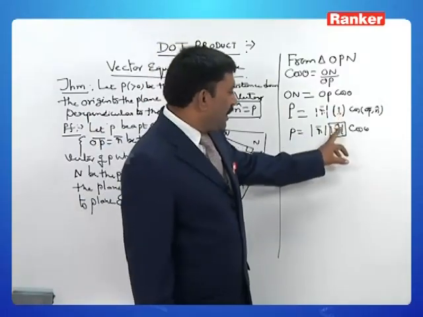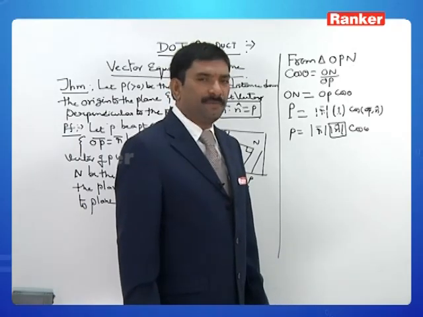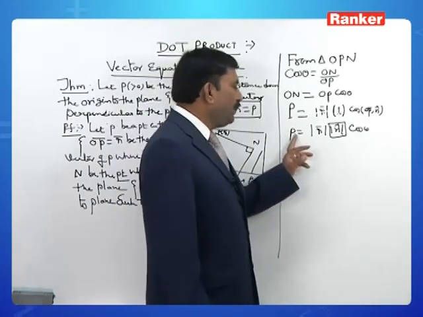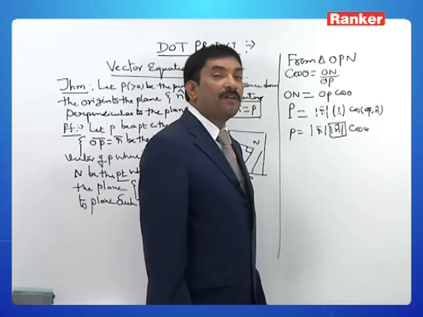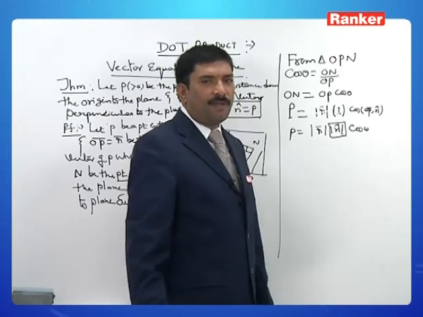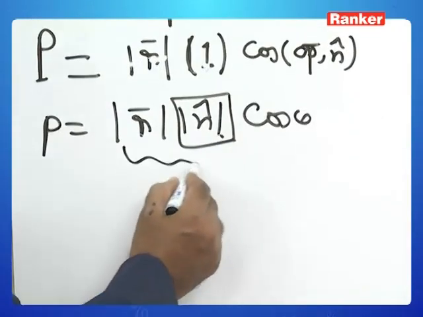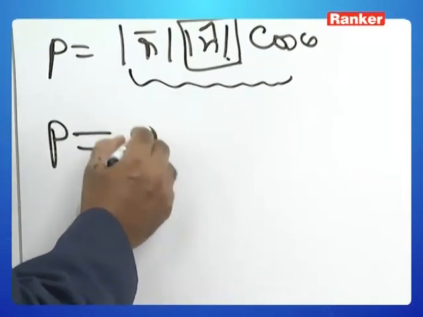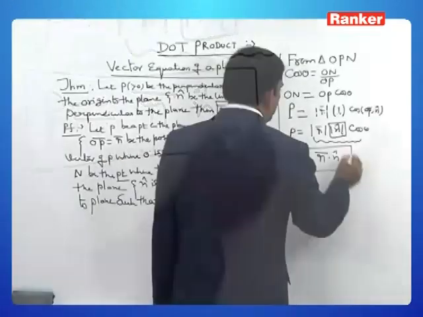Therefore, this 1, I am taking it as modulus of n cap. So therefore, P is equal to modulus of r bar into modulus of n cap into cos theta. Theta is the angle between r bar and n cap. Therefore, by using the definition of dot product, I can write P is equal to r bar dot n cap.